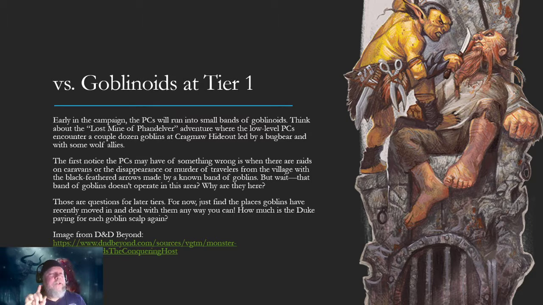The first notice that your PCs are going to have of something being wrong in Frontier Town is when there are raids on caravans, or the disappearance or murder of travelers from the village.